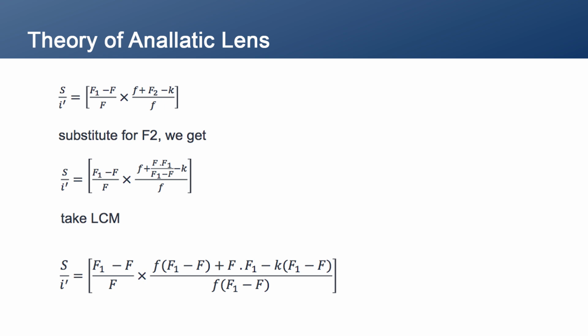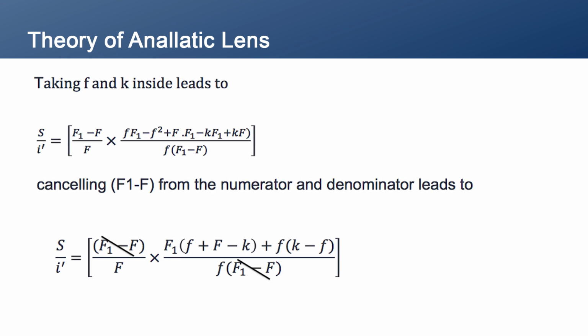Then, taking the LCM and bringing f into capital F1 minus f leads to S by I dash is equal to f1 minus f by f into small f into f1 minus f plus f f1 minus k into f1 minus f divided by f into f1 minus f.